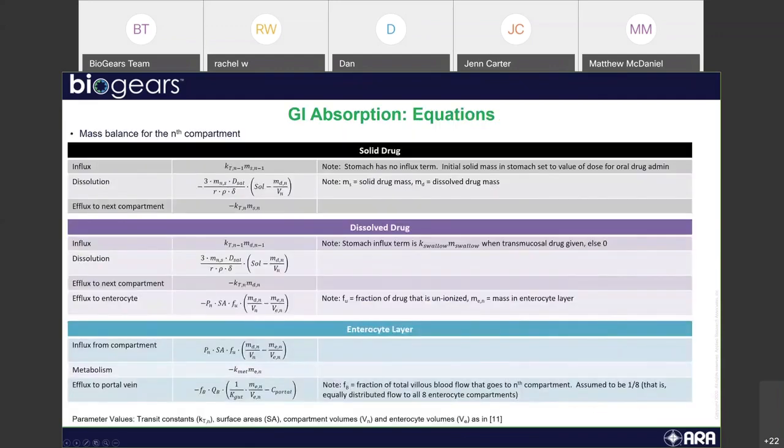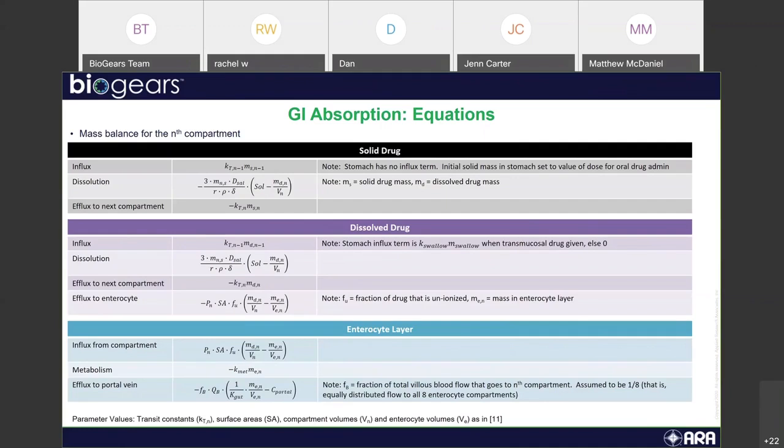I do want to go into a little more detail about some of the equations for the GI model, just to mention how we derive these. So I split this up into the solid drug portion, the dissolved drug, and the enterocyte layer. The solid drug is pretty straightforward. There's either the influx comes from the previous compartment, unless it's the stomach, in which case there's no influx, it's just the initial mass that's deposited there by the oral drug action.